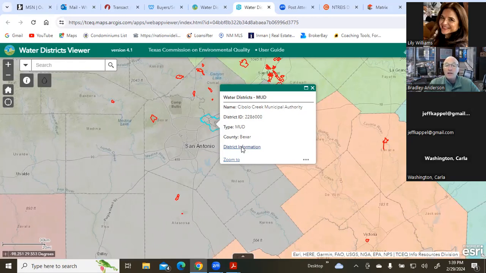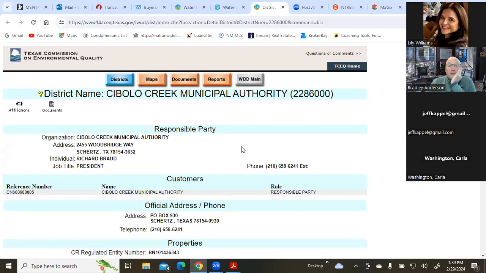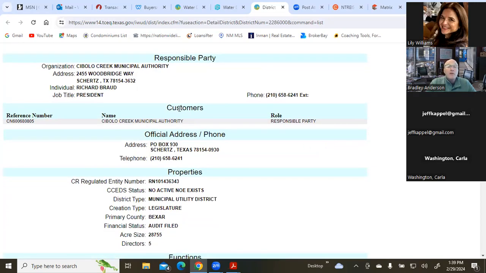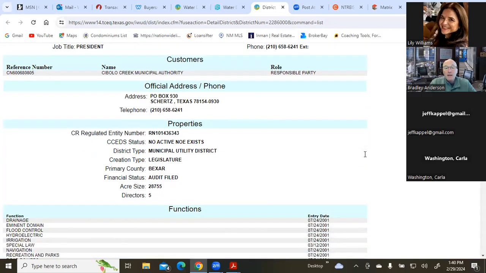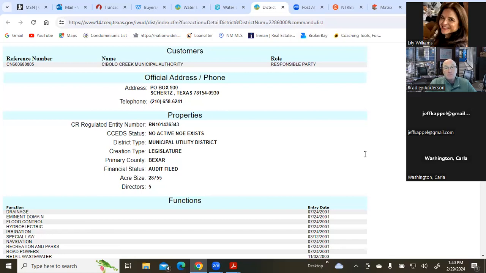Yeah, and so if you click on district information, you have access to all the reports, documents, anything that you want here. So before this existed, you could still look this up, but you had to call this person, in this case, Richard Brond, and at this number, and Richard would have to provide for you the piece of paper that said, here's what the cost is.